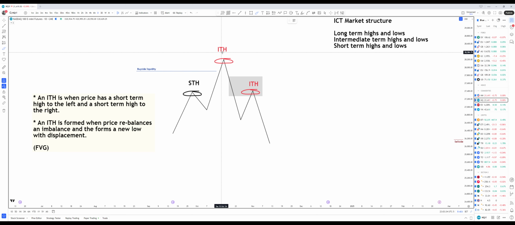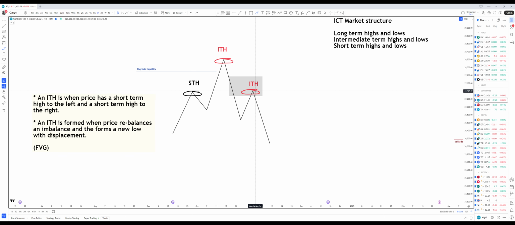This is when price runs into liquidity, forming a high before the major liquidity, which could be an equal high or low resistance or whatever you want to call it. Then we go up, take out the liquidity, and then displacement down.